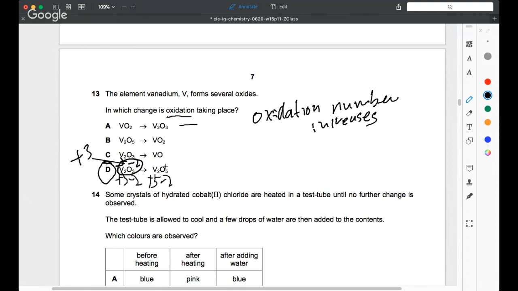In the other compound, again, oxygen is -2, so vanadium will be +5. So the change of oxidation number of vanadium is from +3 to +5. It's an increase in the oxidation number, so the correct answer is D.